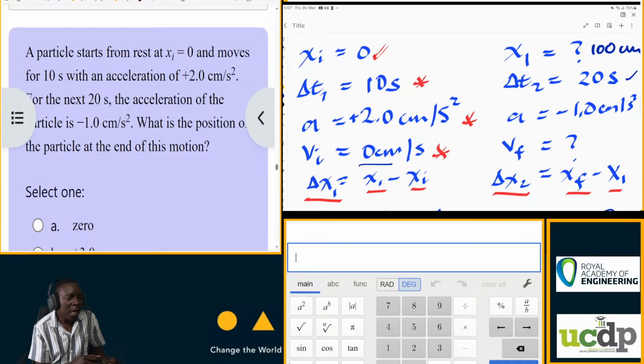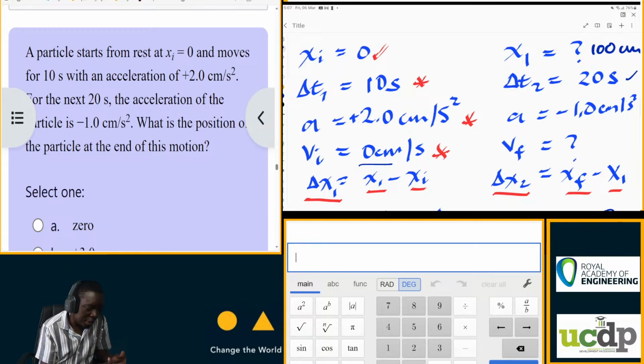Good. So from the information given in this short description, we have all this information that you see here. X initial, the initial position, is 0. Delta t, the change in time when it travels at 2 centimeters per square second, is 10 seconds.